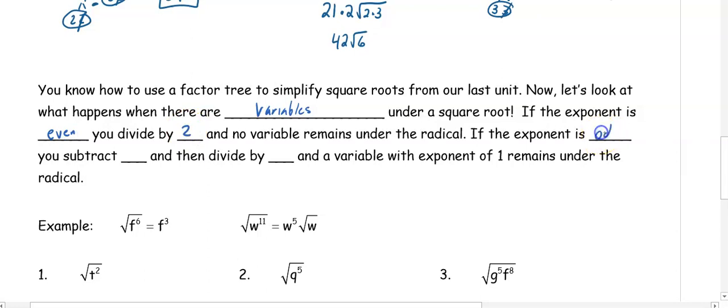If the exponent is odd, you are going to subtract 1 and then divide by 2. So in this case, if we look at the examples here, we have f to the 6th power. Well, 6 is an even number, so we're just going to divide 6 in half, and we get f to the 3rd. There's no radical. W to the 11th, though, is an odd number, so one of them stays under, which changes that to a 10, and then we can split that 10 in half to get the 5 on the outside.